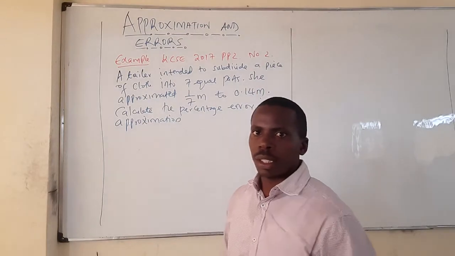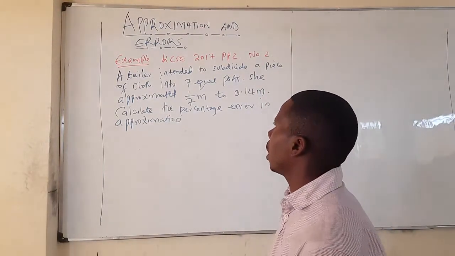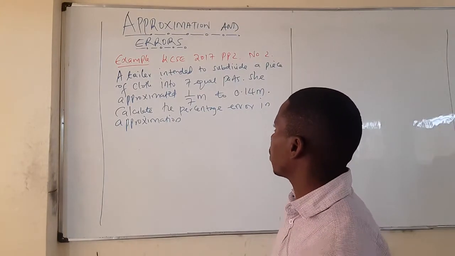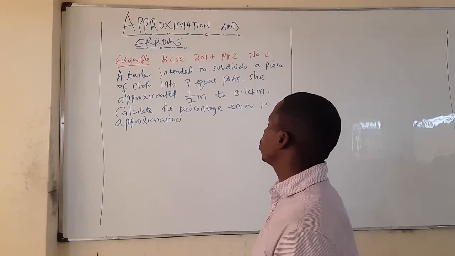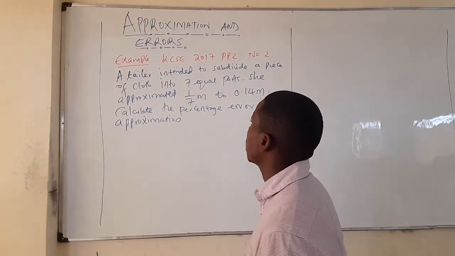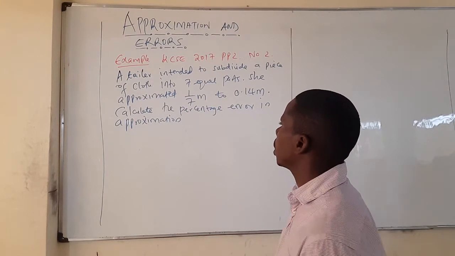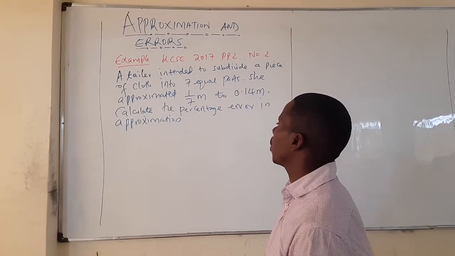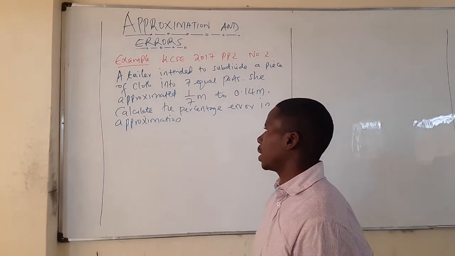Let's look at our last example for the first part, which is a question from the KCSE 2017. It was in paper 2, question number 2. The question reads that a tailor intended to subdivide a piece of cloth into 7 equal parts. She approximated 1/7 meters to 0.14 meters.